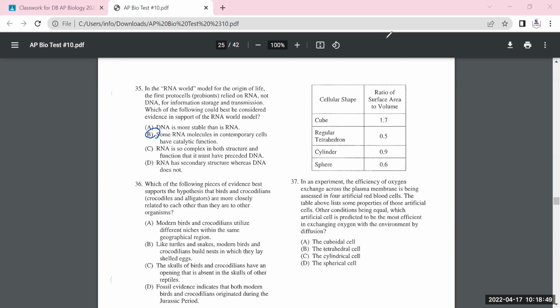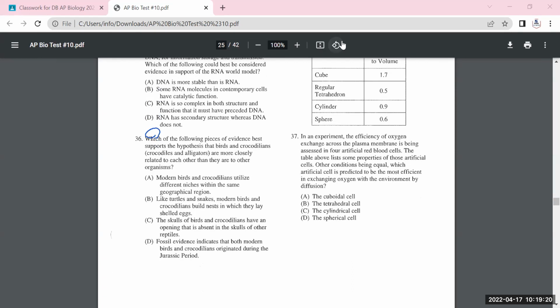Okay, 36. Which of the following pieces of evidence best supports the hypothesis that birds and crocodilians are more closely related to each other than they are to other organisms? Let's look at the choices.